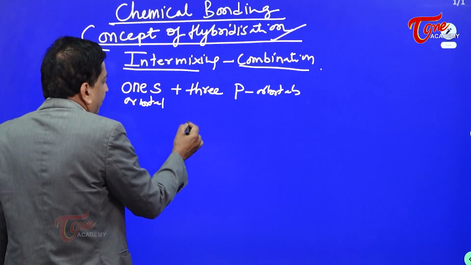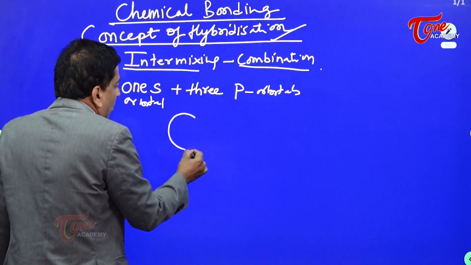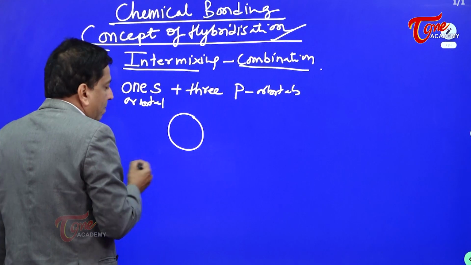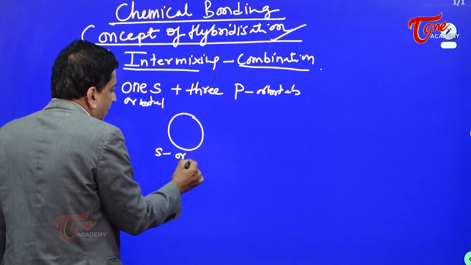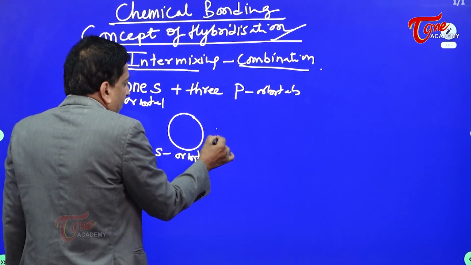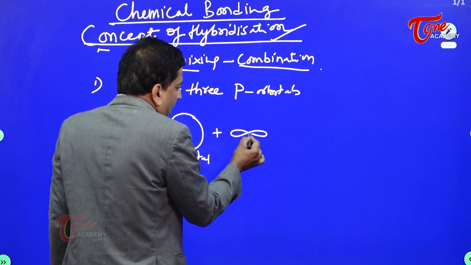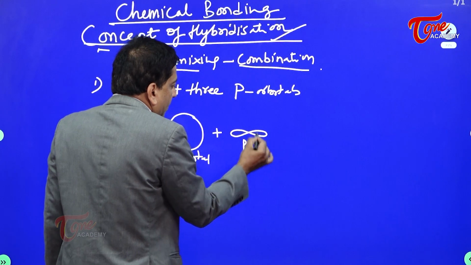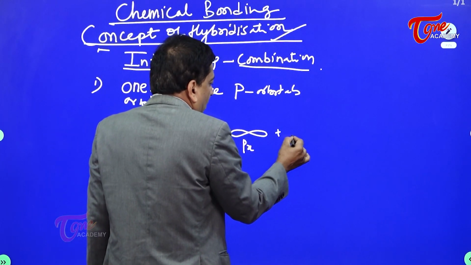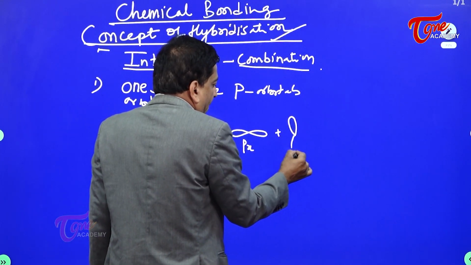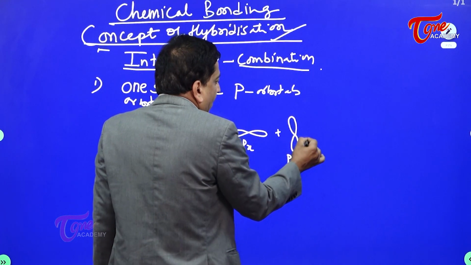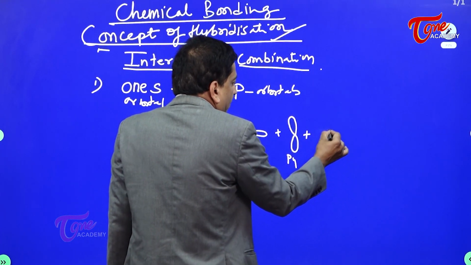Let me draw. Your s orbital is spherical. This is the s. This is now intermixing with the px, py, and the pz.